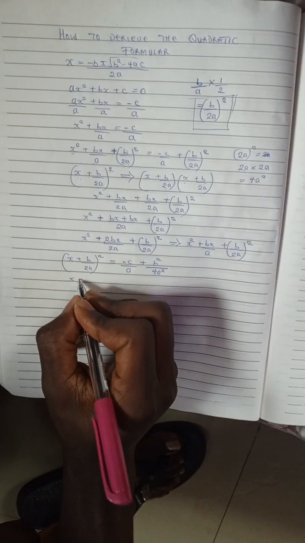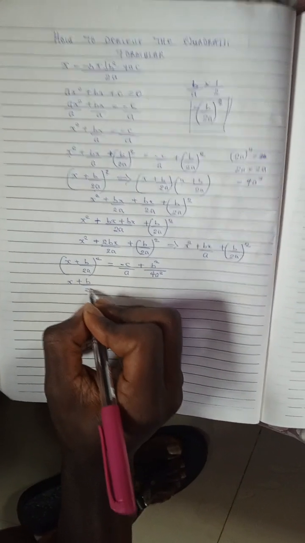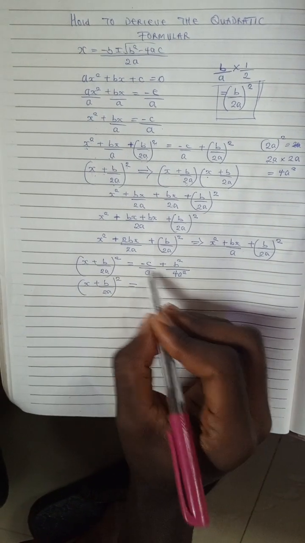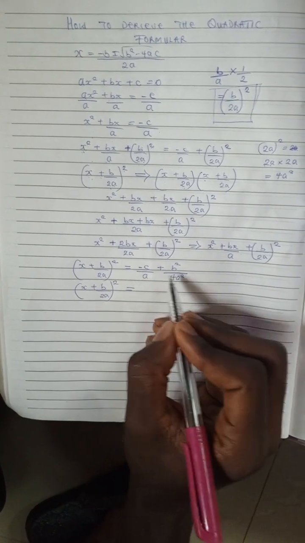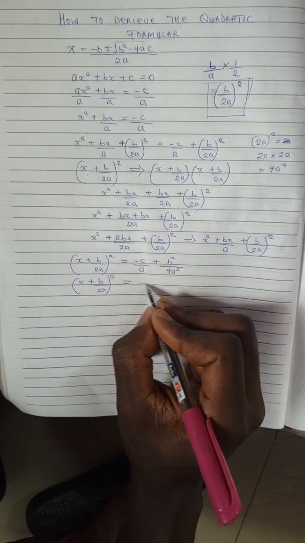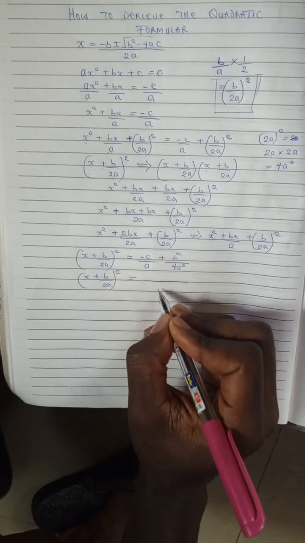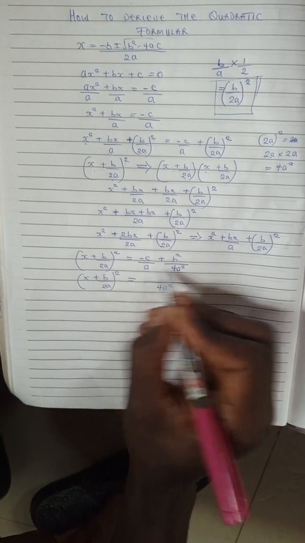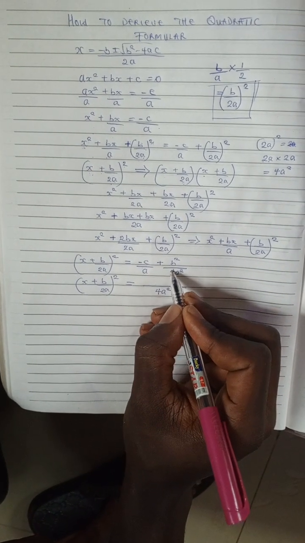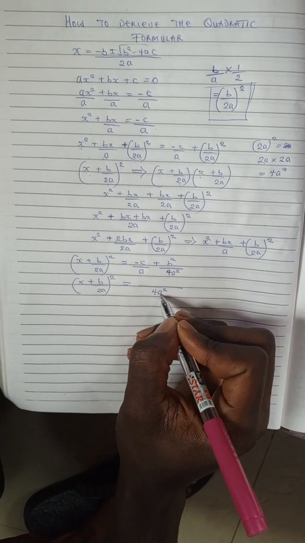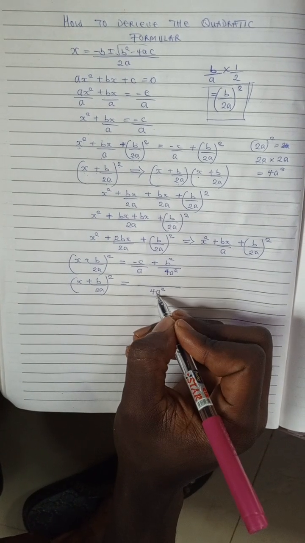So from here we can continue. We have x plus b over 2a raised to power 2 giving us, let's combine this term now. This term on the right hand side, let's combine them. So by combining them, we find the LCM. The LCM here is 4a squared because a is common to both sides. So 4a squared being the LCM, how many a can we find in 4a squared?